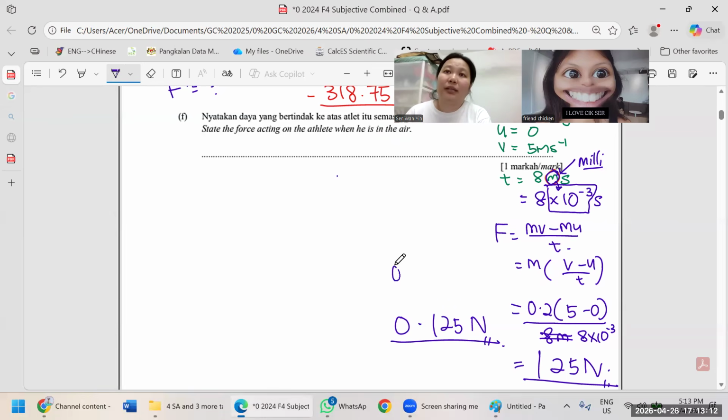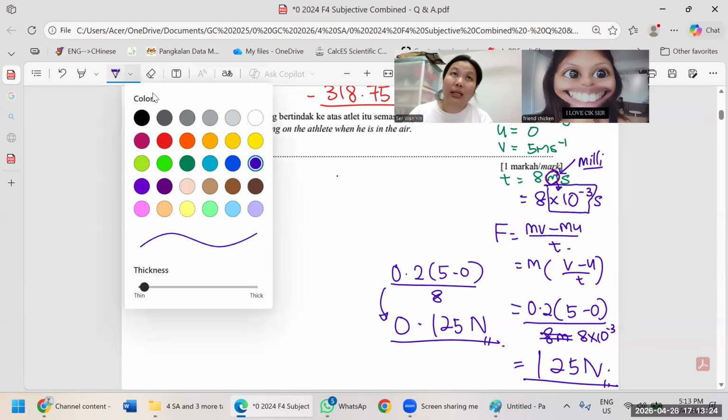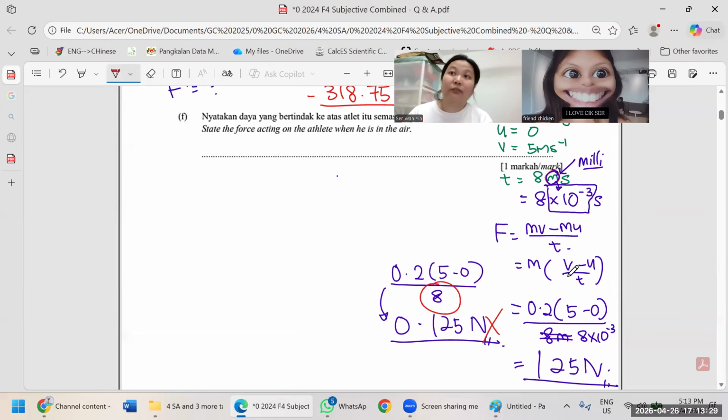If 125 is 0.2 times this, see that, if you didn't change to milli, you will get this. It means wrong. If you ignore this milli, then you get it wrong.